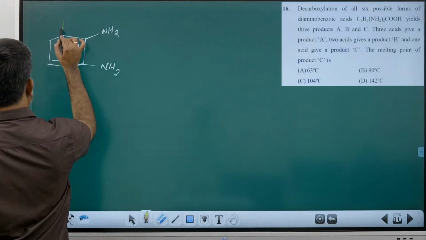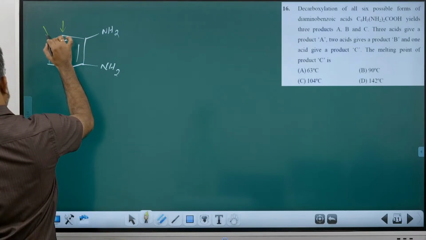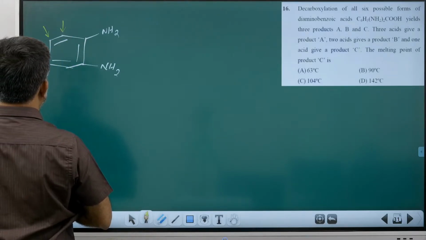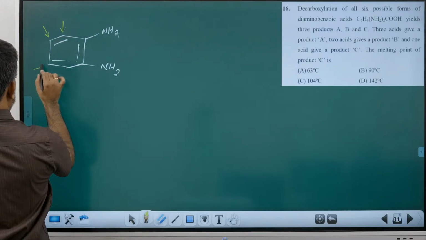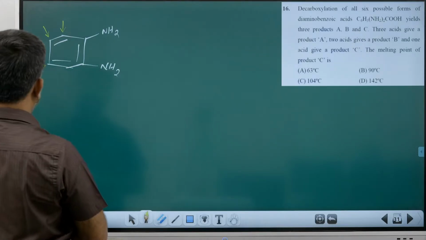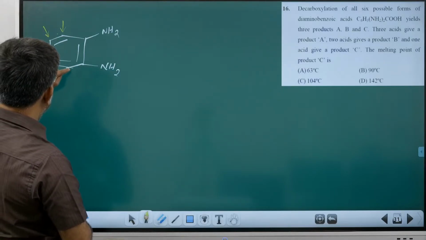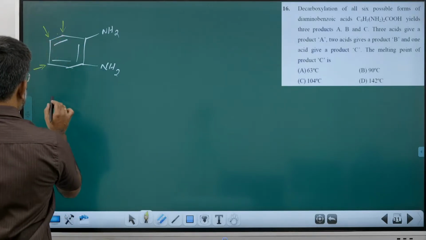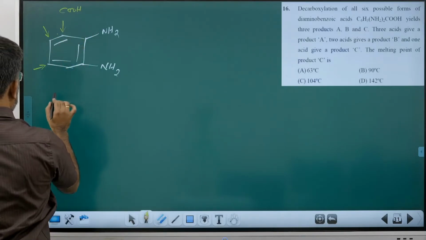Carboxyl group can come here, number 1. Carboxyl group can come here, number 2. This position and this position are the same. And carboxyl group can come here, number 3. So this position and this position are identical. So these are the 3 isomers where COOH is available.